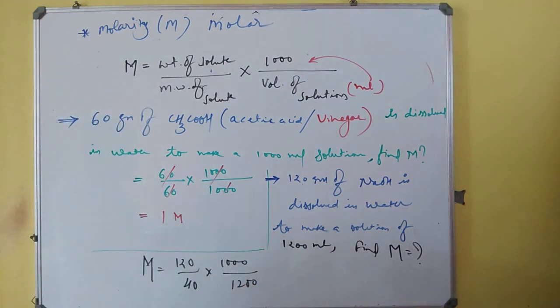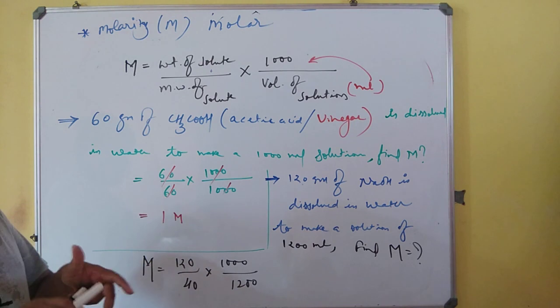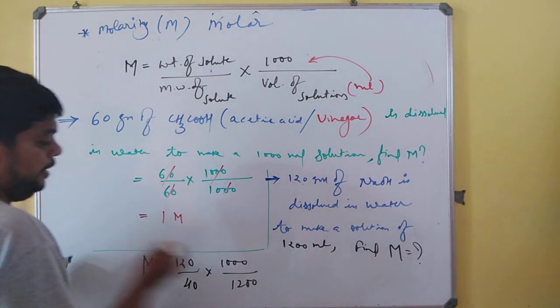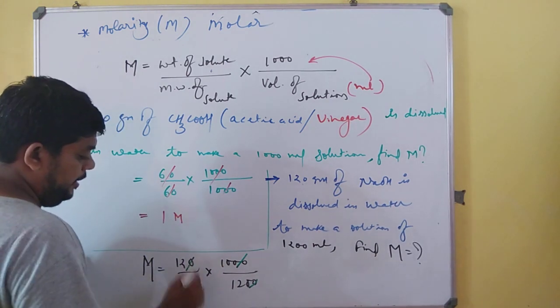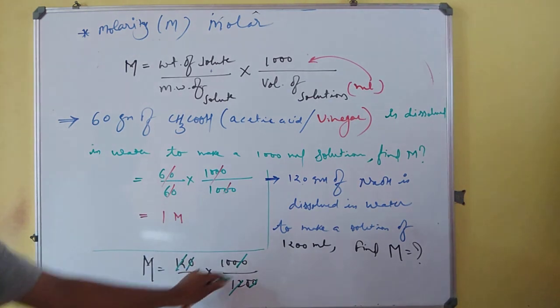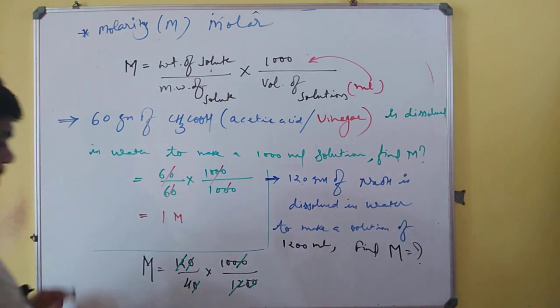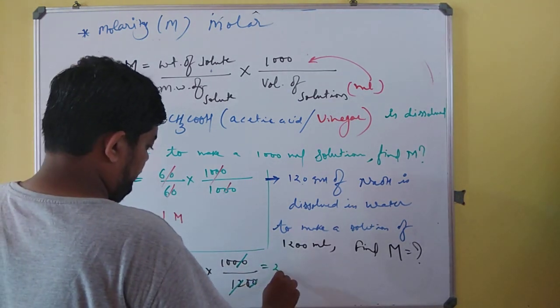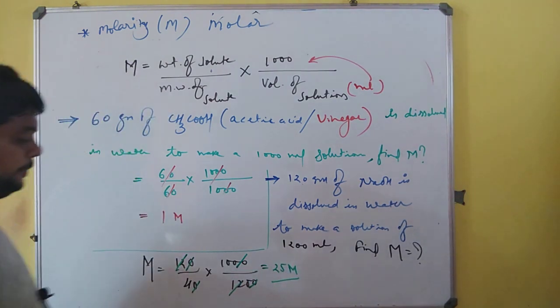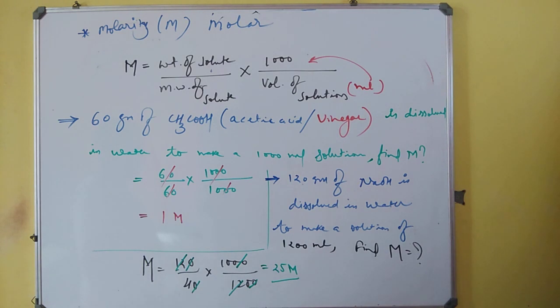When I solve this equation, I will end up with 100 by 4, and the answer would be 25 molar. This is how it works.